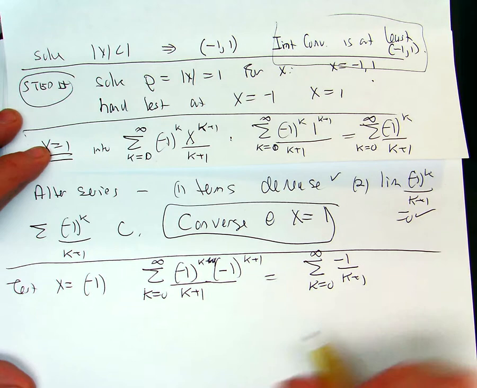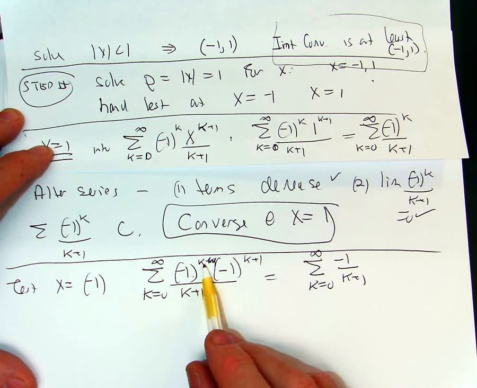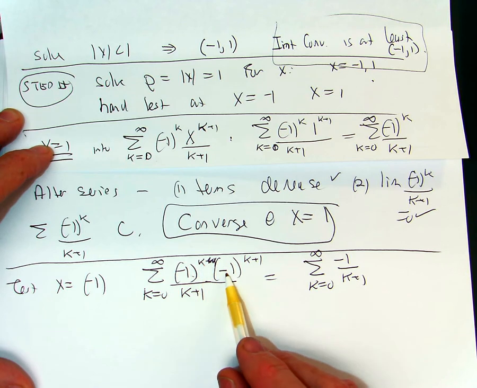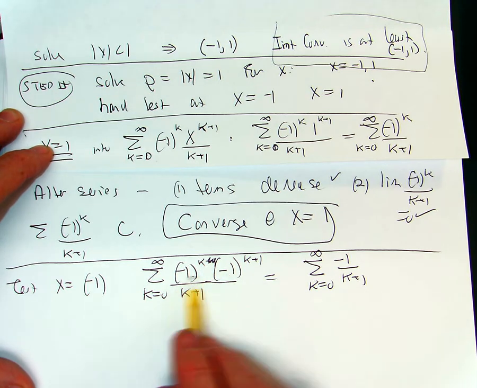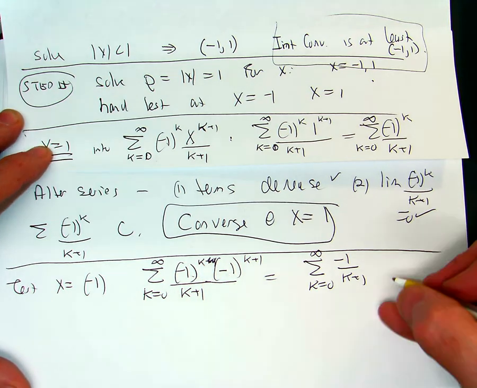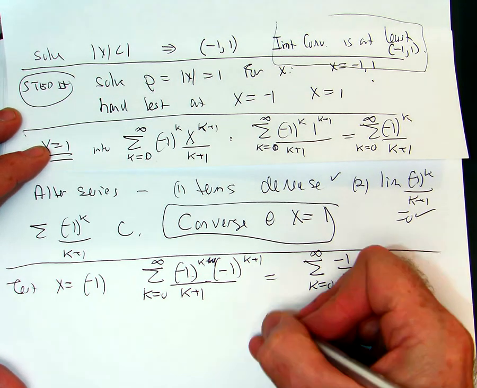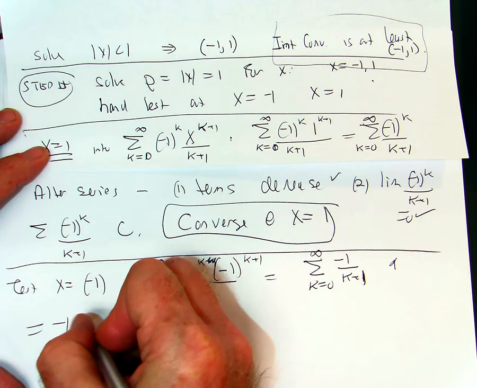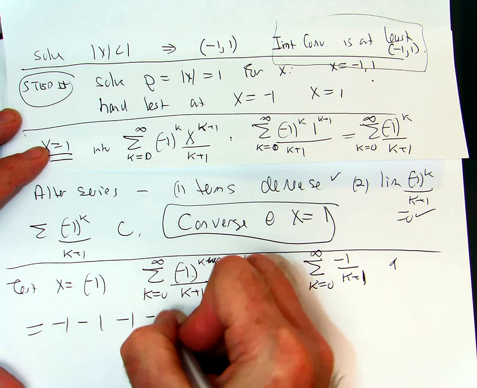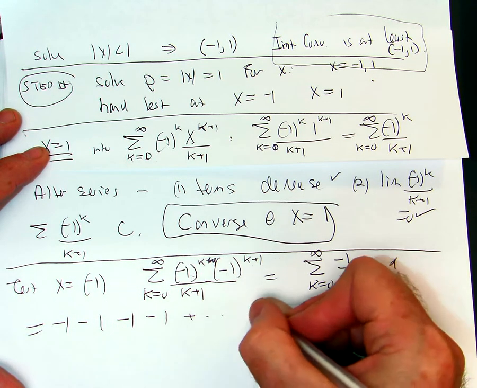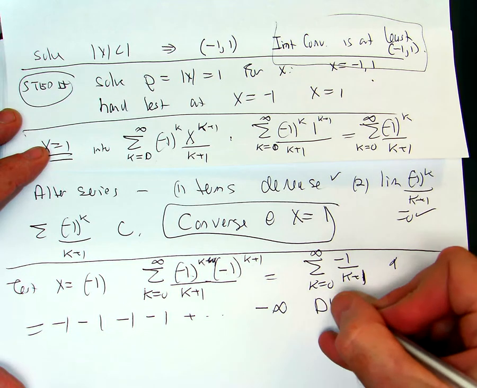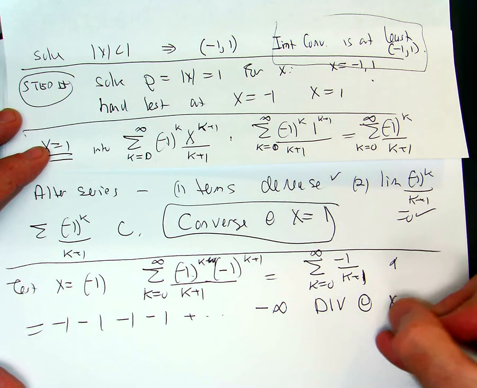The way that I think about it is minus 1 to the k makes it negative when k is odd. This makes it negative when k is even. So that means it's always going to be negative. And we showed that this diverged. This is just the series minus 1, minus 1, minus 1, minus 1. So that's going to be minus infinity. So it diverges at x equals minus 1.